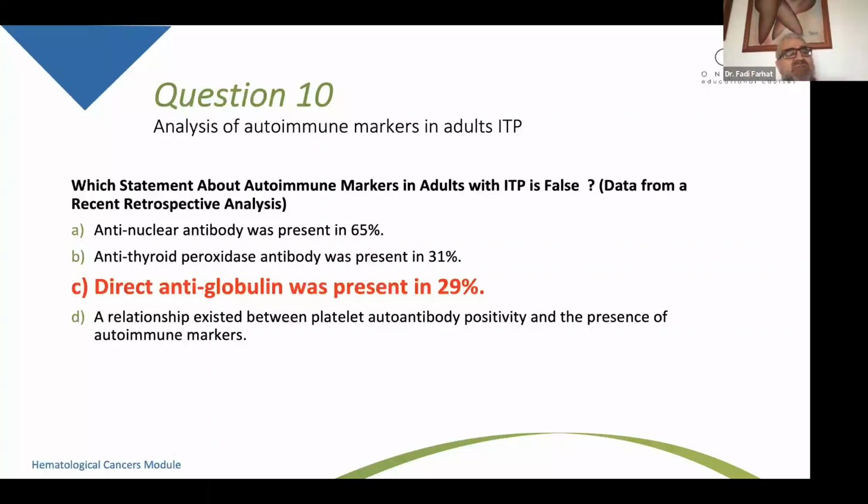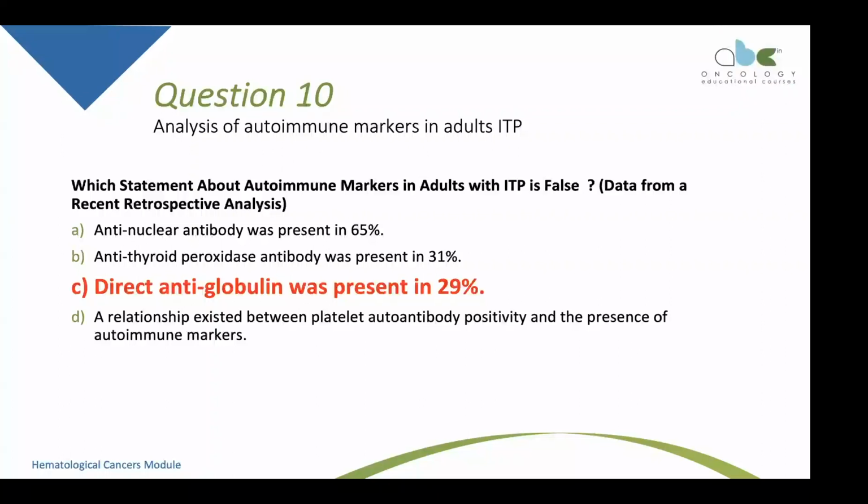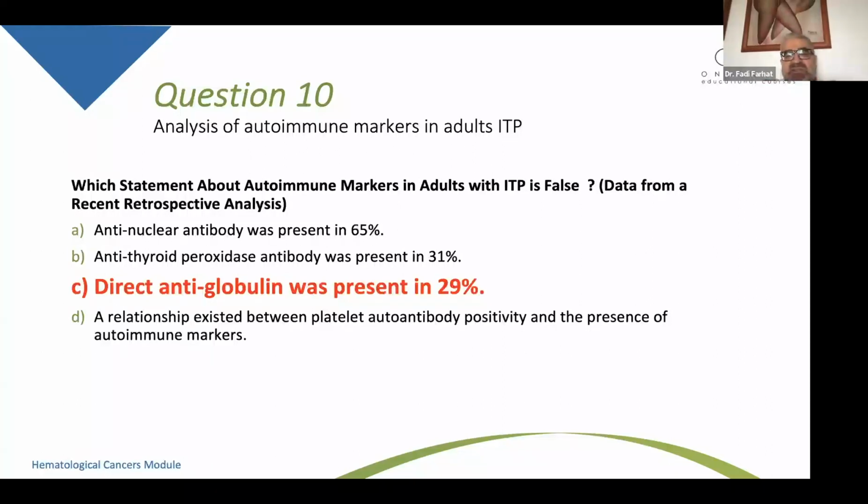So any comment from the panel, Dr. Muhammad? The ANA is for sure not present as frequently as 65%. It is found in a third of patients, 30 or 33%. Antithyroid peroxidase, I think less than 20%. Okay, so it's a tricky question, guys.